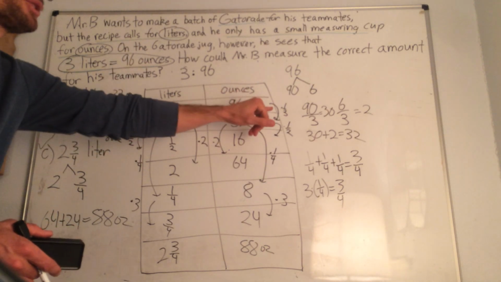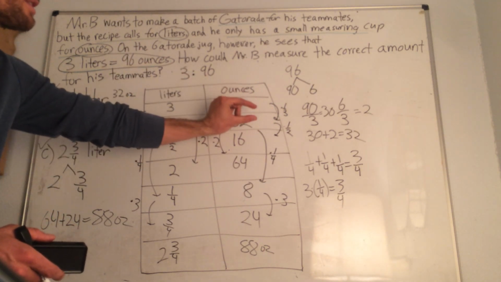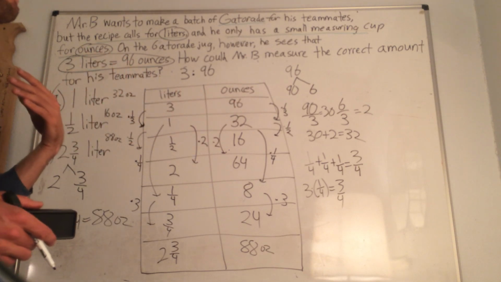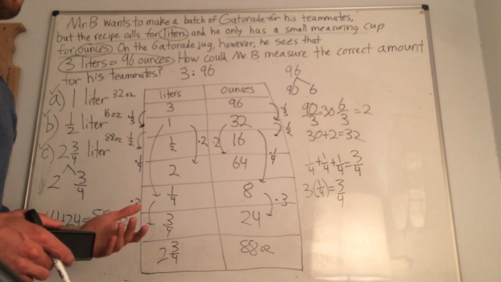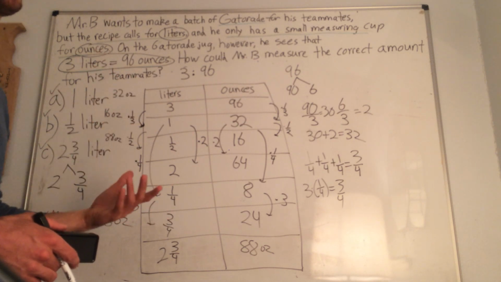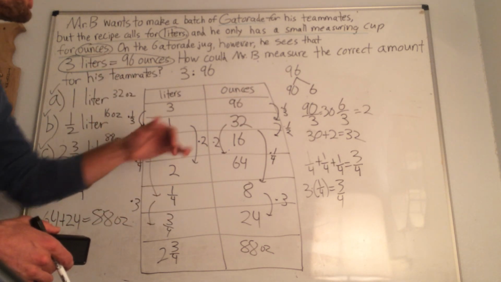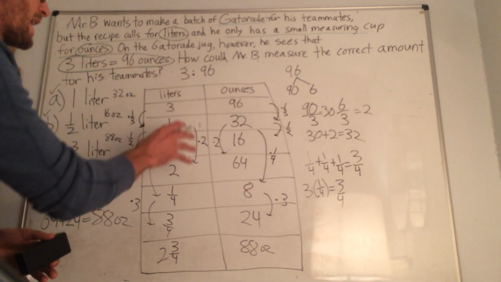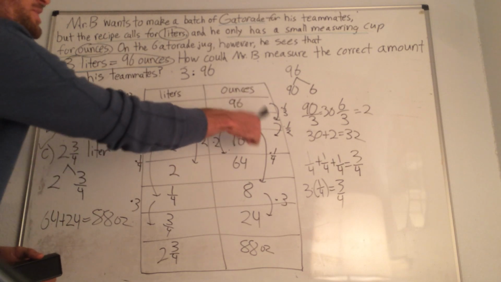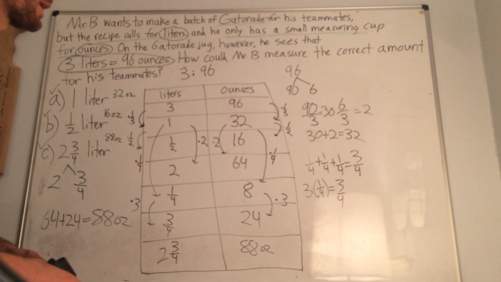If you're stuck on the computation, it's okay to use a calculator in this case. If you're not sure what 96 times 1/3 is, use a calculator. Or use a multiplication table if you have one. So don't let the multiplication and division trick you up. If you know how to solve this table and you know what you want to do, but this is holding you up, use a calculator, okay?